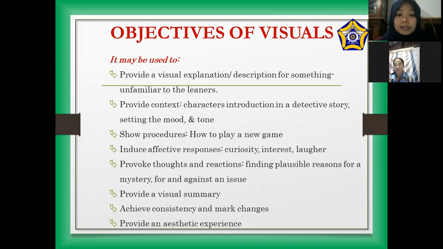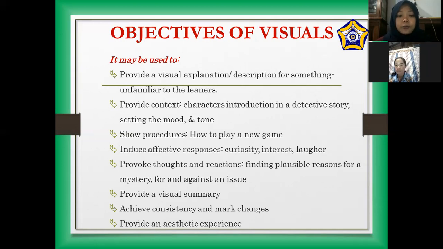And the third one is to show the procedure, for example, how to play a new game. So the visual will be effective to show the procedures in the learning process. And the fourth one is to induce affective responses, such as curiosity, interest, and also love.